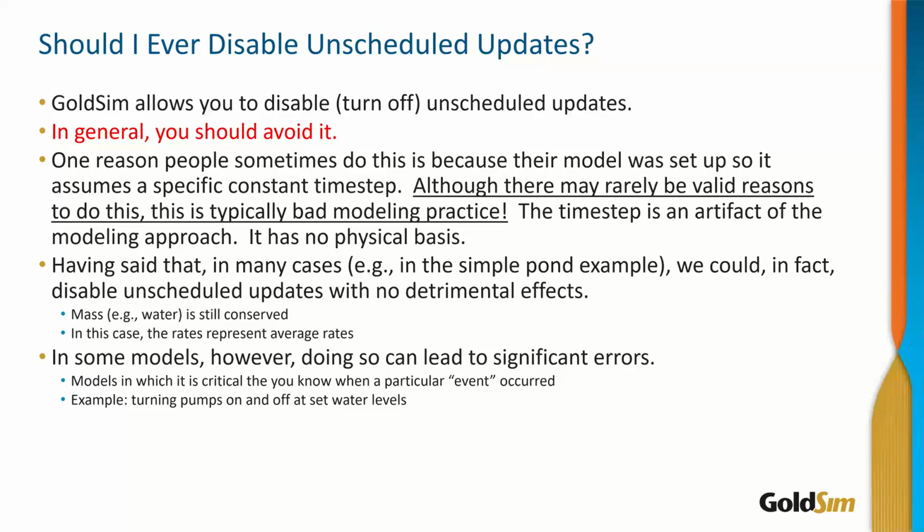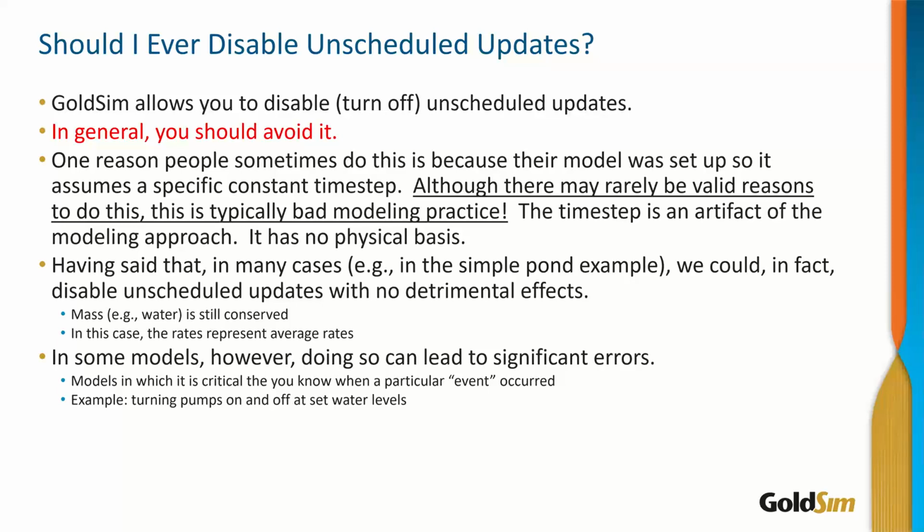If you have a pond, oftentimes the way you manage that pond is you have a pump in the pond, and when the water level gets to a certain point, you turn the pump on because you don't want the pond to overflow. And then once the water level drops, you turn the pump off. It's a feedback control system. It's a really common way how you'd control a water level.